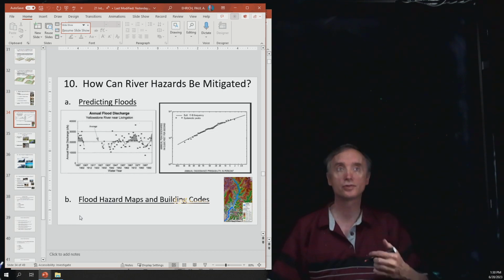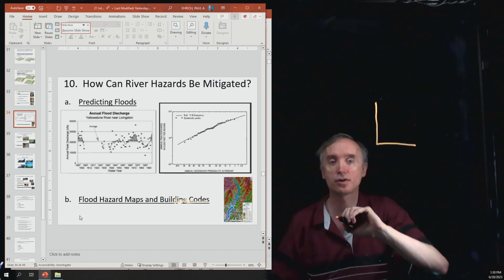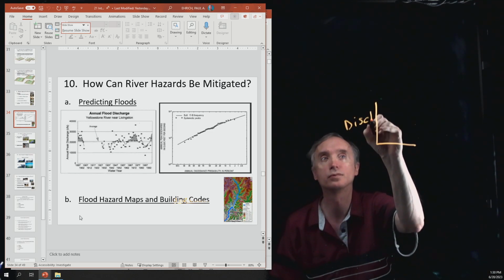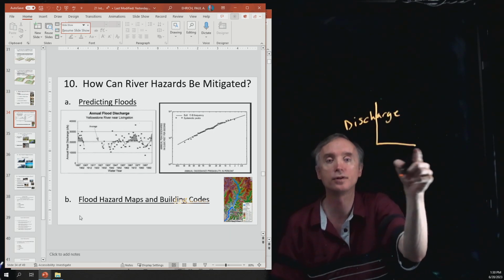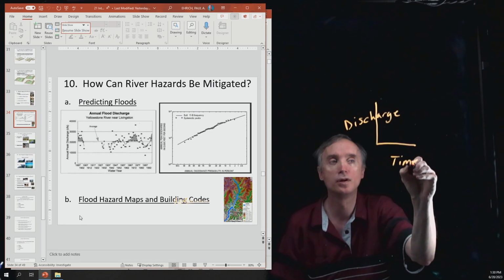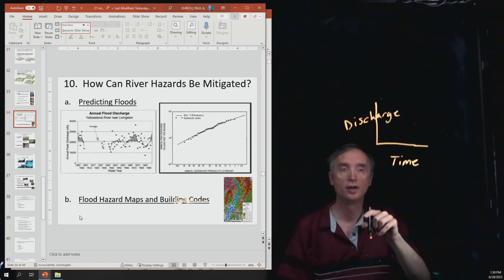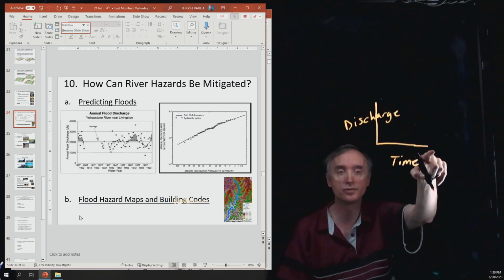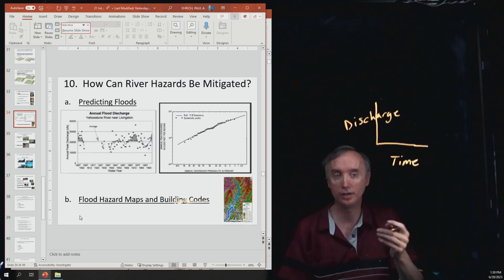So the first graph there is a picture of the discharge going up and down, and then going sideways is time. So for a particular river, this shows you during various months and different years what was the amount of water that was flowing in the river.